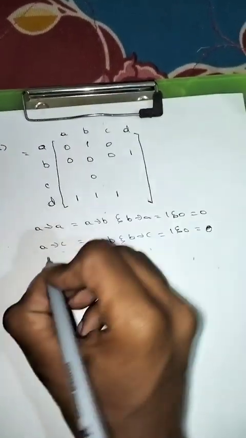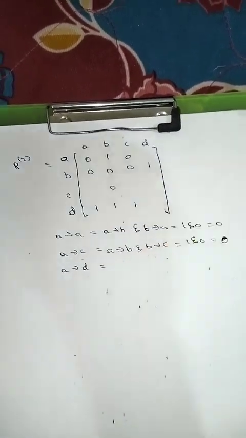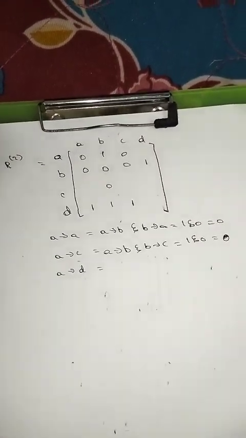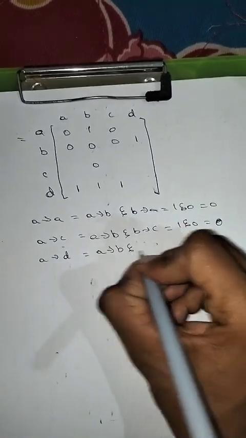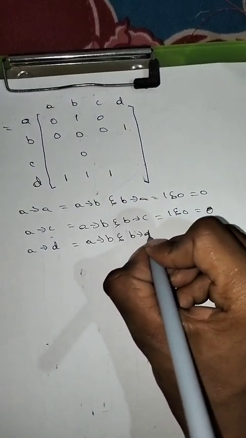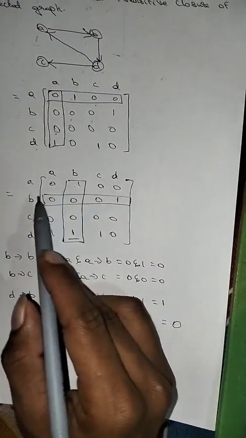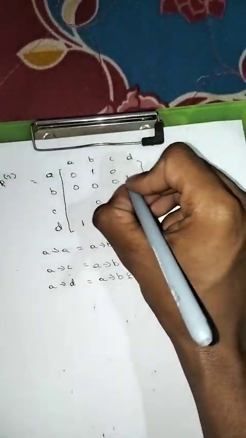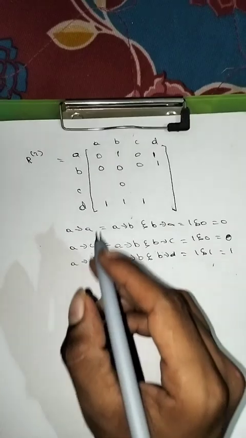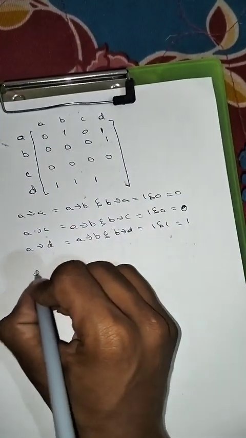Next, A to D. A to D is A to B and B to D. A to B is 1, B to D is also 1. So 1 and 1 we get 1. A to D is 1. Next we have to find C to A. Since the third row is full of zeros, we get zeros.